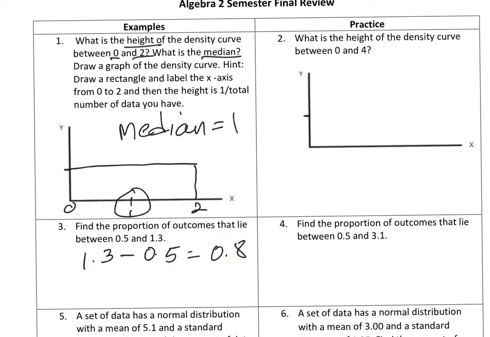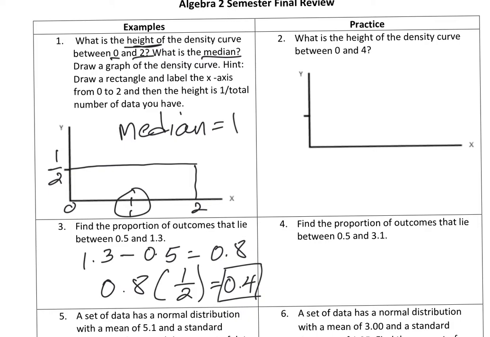The height here is determined by the total number of data that I have. So I have up to 2, right? And I do 1 divided by 2. So that is my average height. So I'll take 0.8 times 1/2 and I'll get 0.4. That's the proportion of my outcomes right there.